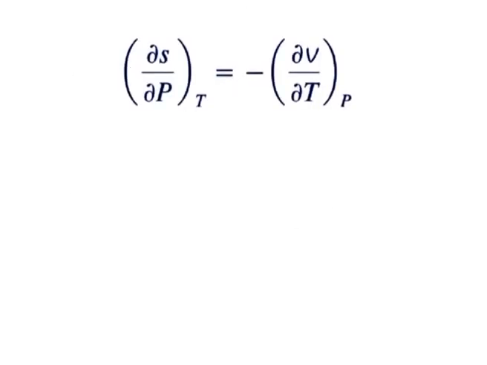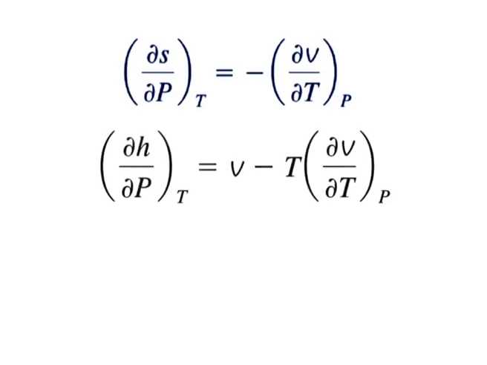Using the fourth Maxwell relation, we have partial derivative of H with respect to P keeping T constant is equal to V minus T into partial derivative of V with respect to T keeping P constant.